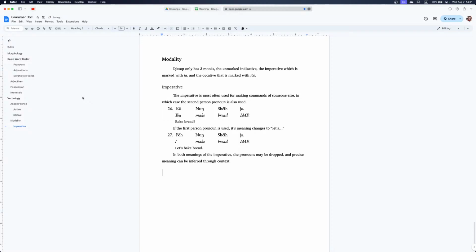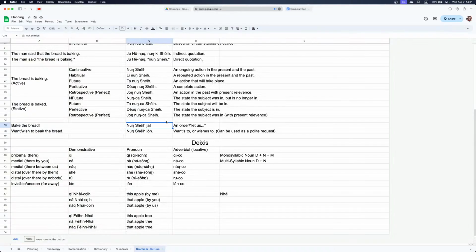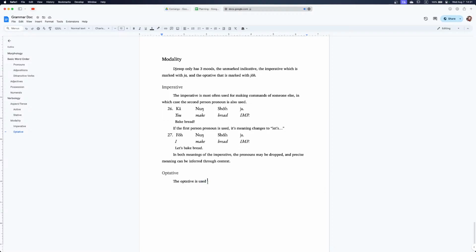And then optative. The optative is used when saying one would like something or would like to do something.